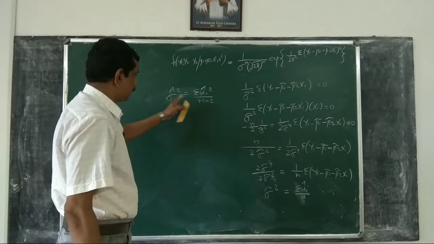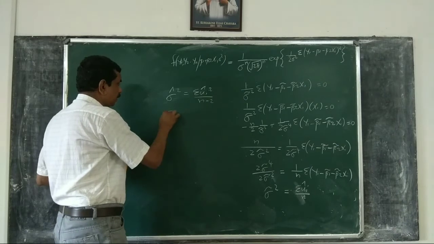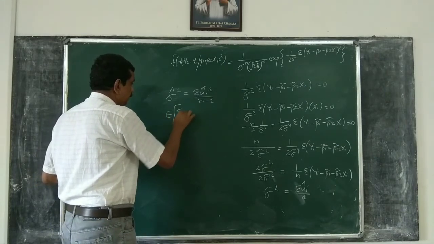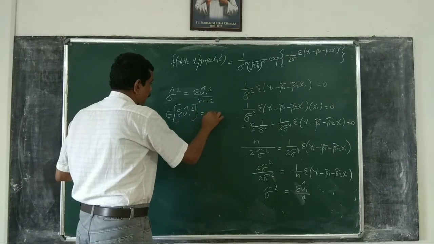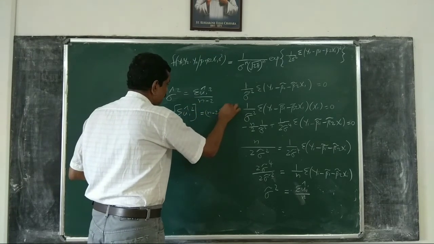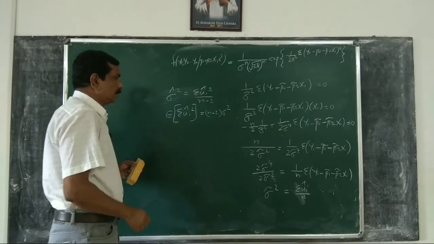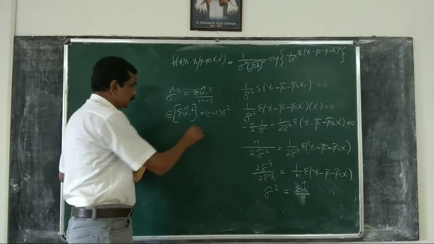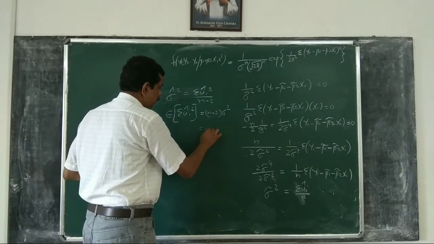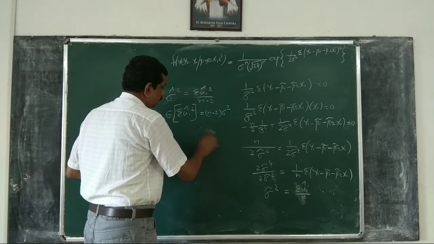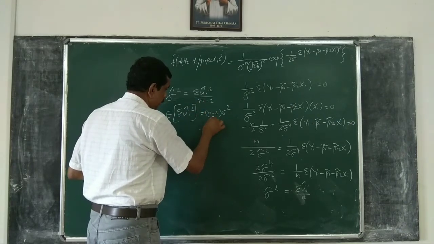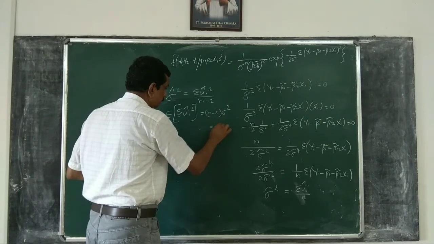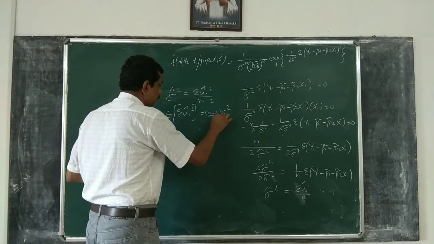And we have shown that the expected value of sigma u hat i square is equal to n minus 2 into sigma square. So dividing with n minus 2, this becomes sigma square.